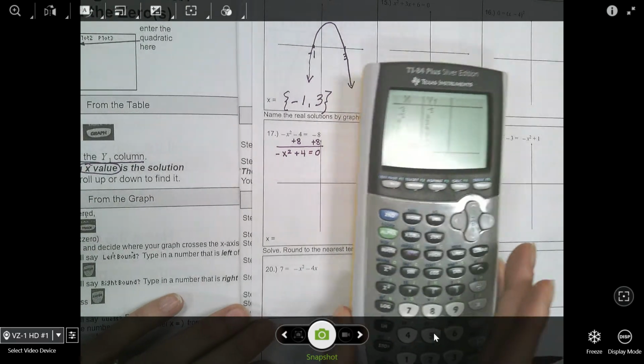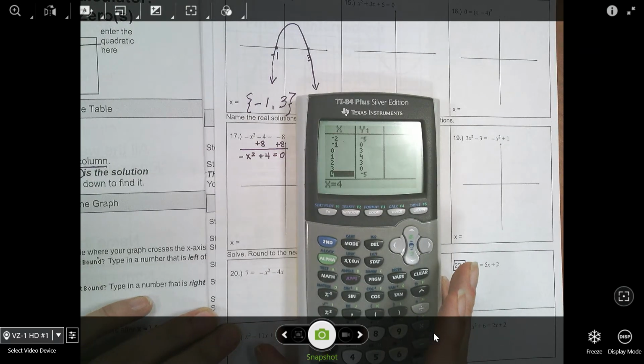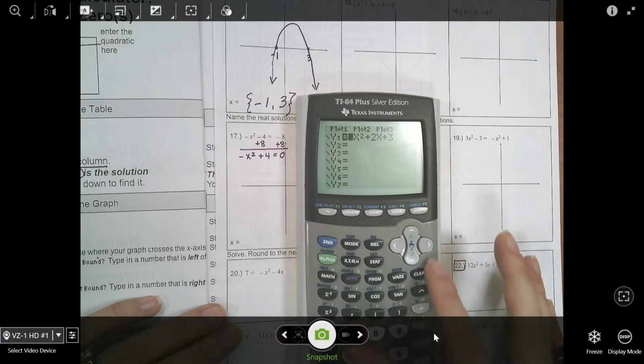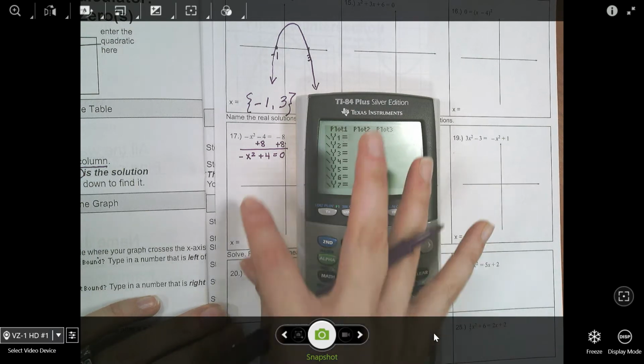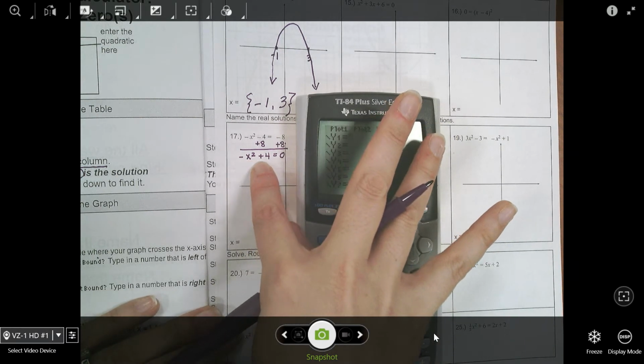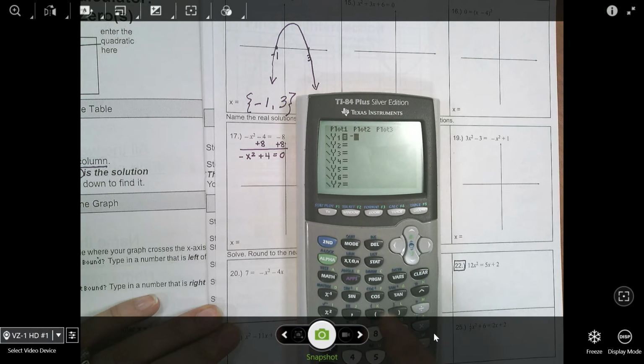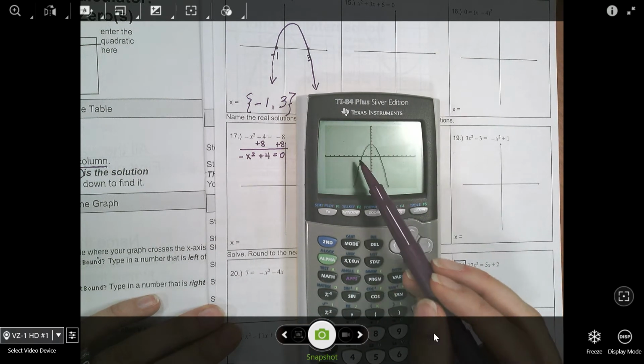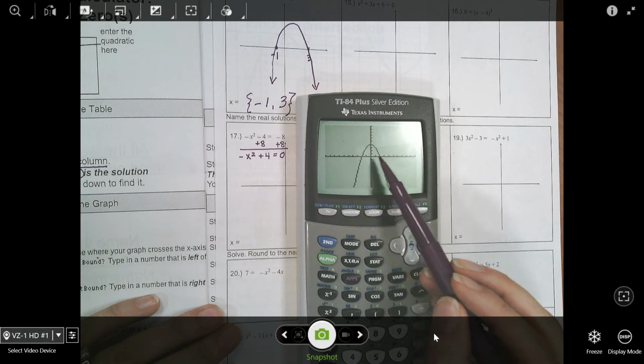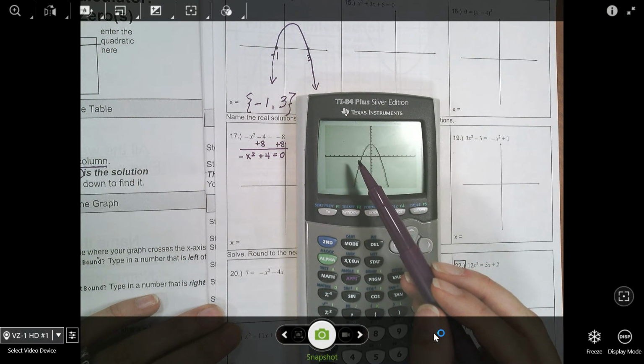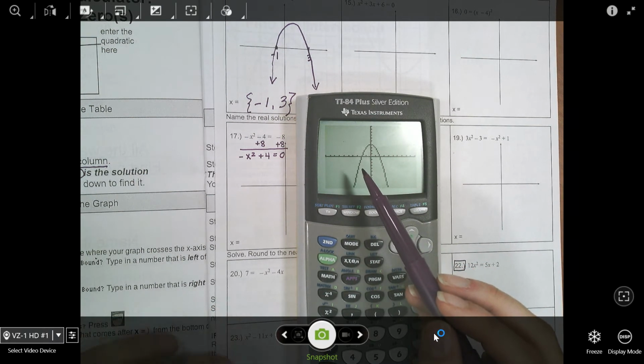So now I can go back to my graphing calculator, and I'm going to clear out that equation. I'm going to enter my new equation, negative x squared plus 4. And again, the first thing I want to do is just look at the graph to get an idea of how many solutions I should have. I should have 2 here, and I'm going to go to the table to try to find them.